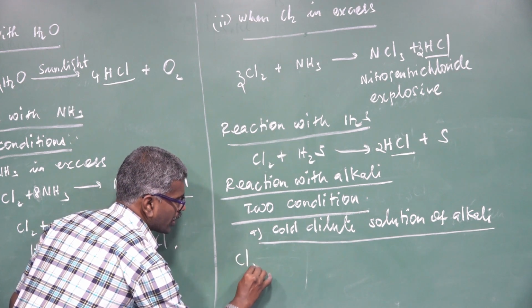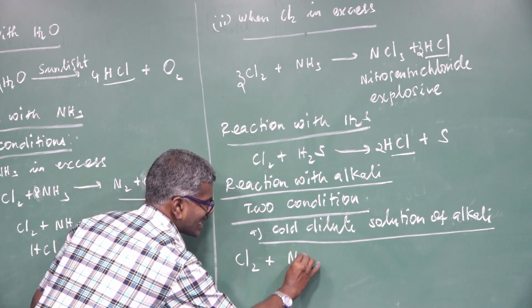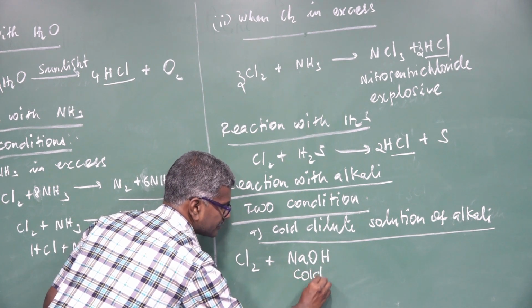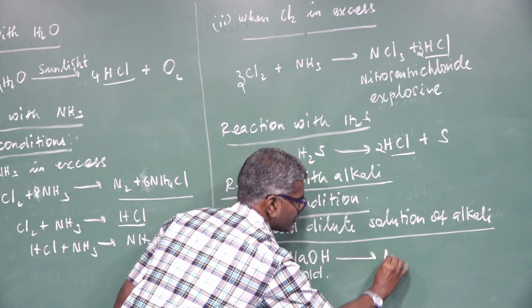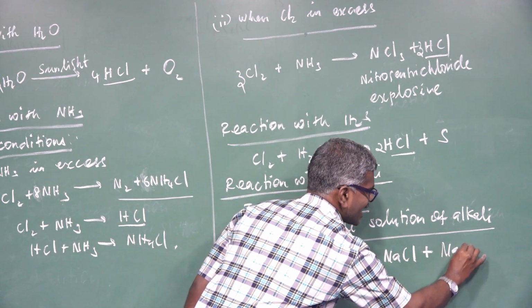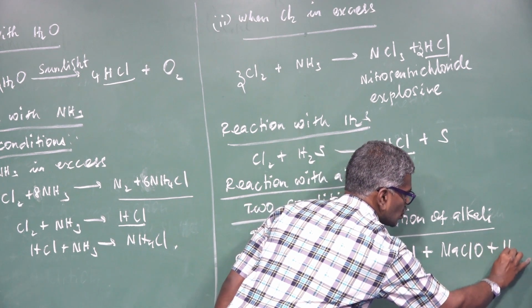Here, chlorine reacts with alkali, that is NaOH. Condition is cold. Formation of NaCl plus NaClO plus H2O.